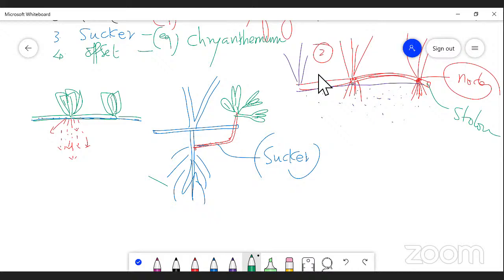This is a Pistia plant. The Pistia plant has a cylindrical structure which occupies the surface of the water. Again it grows to form the leafy portion, the stem portion and the root system, right? This is called an offset.